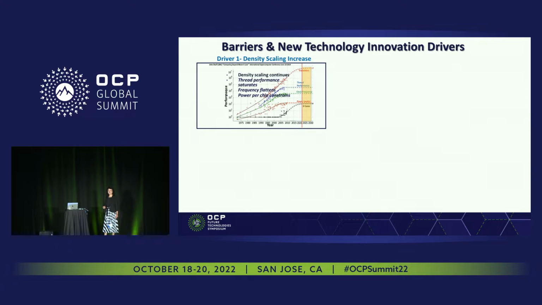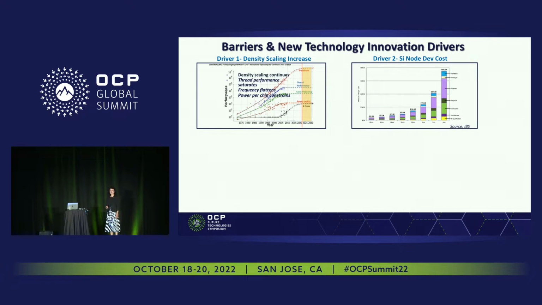The frequency has flattened, and especially the power of chips got constrained. If you look at the cost for silicon node development, this chart is increasing significantly, especially for small silicon nodes, such as 7 nanometer, 5 nanometer, down to 3 nanometer.